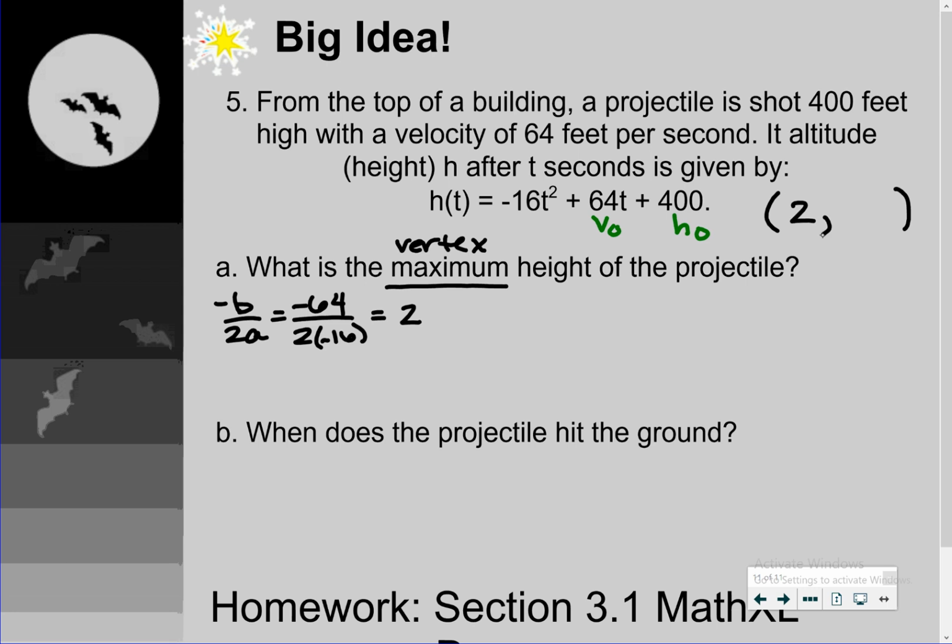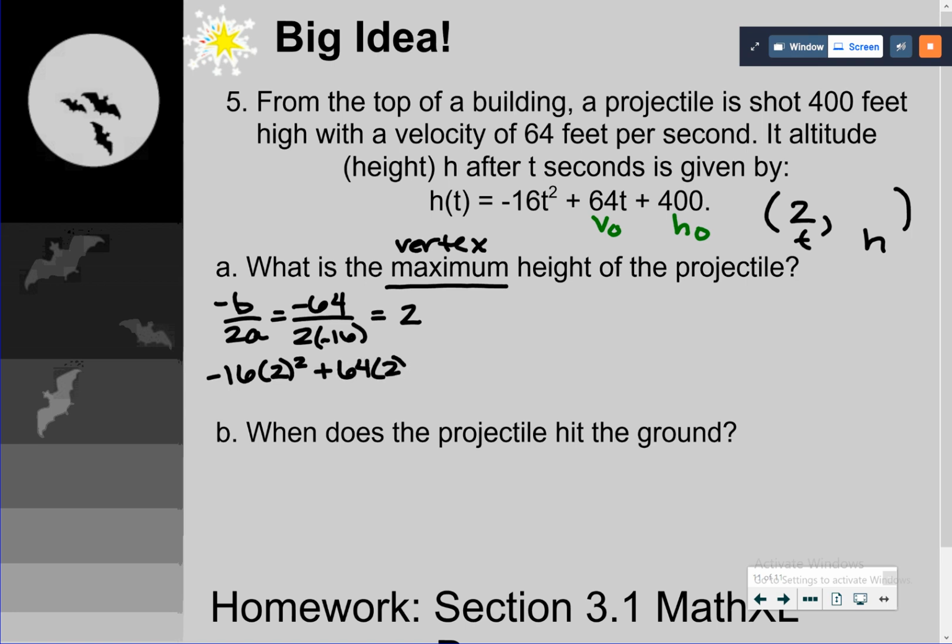Okay. T stands for seconds. That's not what this question is asking for. The 2 tells me after 2 seconds is when it's going to reach its maximum height. The y coordinate represents the height, and that's really what this question is asking for. So you do have to go back and plug that 2 in. Negative 16 times 2 squared plus 64 times 2 plus 400.